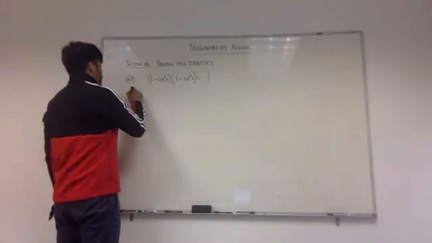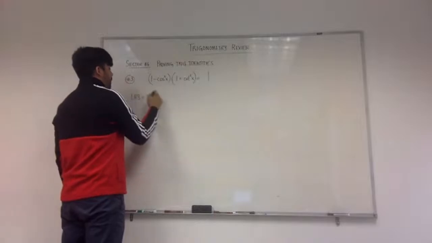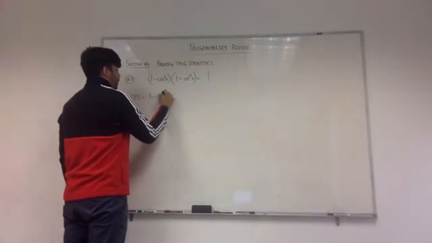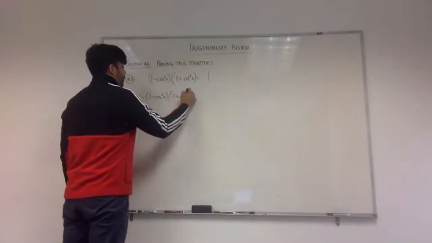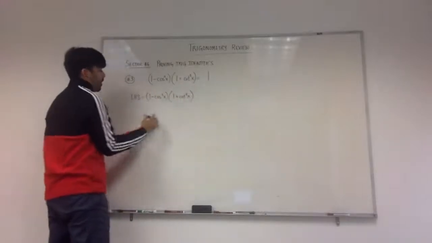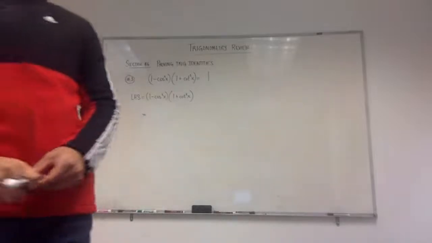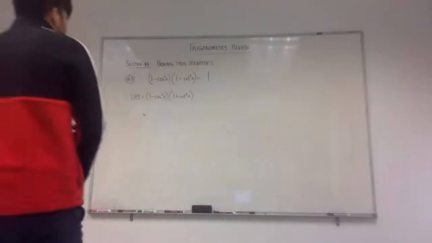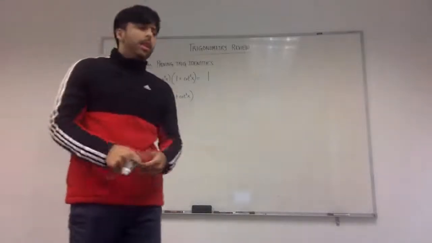So again, left-hand side. I want to go from my left-hand side of the equation, which happens to be 1 minus cosine squared x multiplied by 1 plus cotangent squared x. And then I ask myself, have I seen these expressions before? And you should be able to answer and say yes.